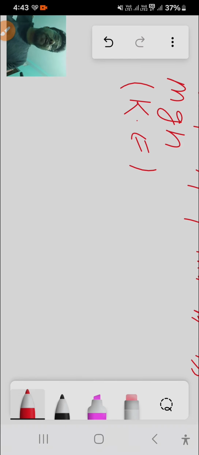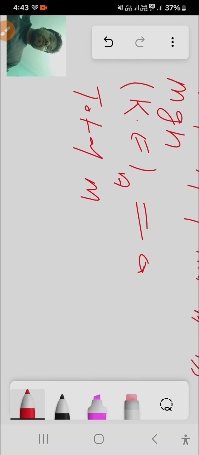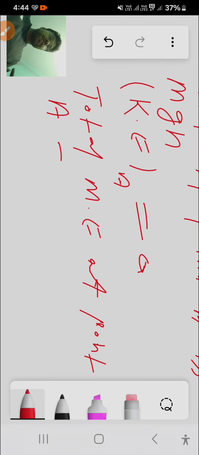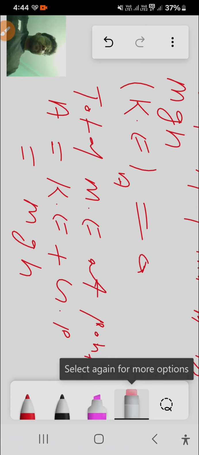Kinetic energy at point A is equal to 0, right? So total mechanical energy at point A is equal to kinetic energy plus gravitational potential energy, equal to mgh, right?